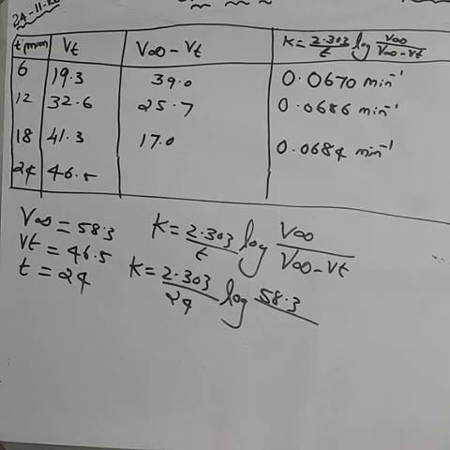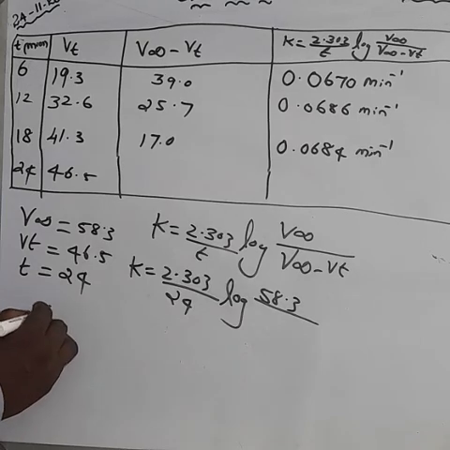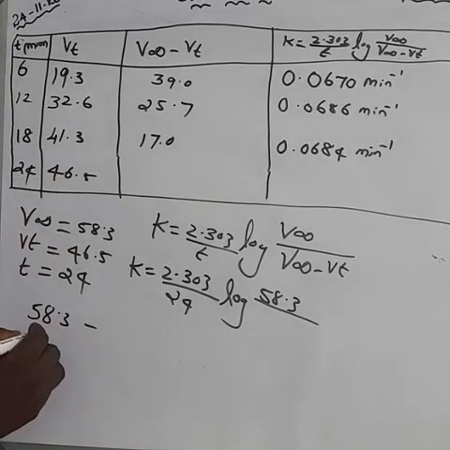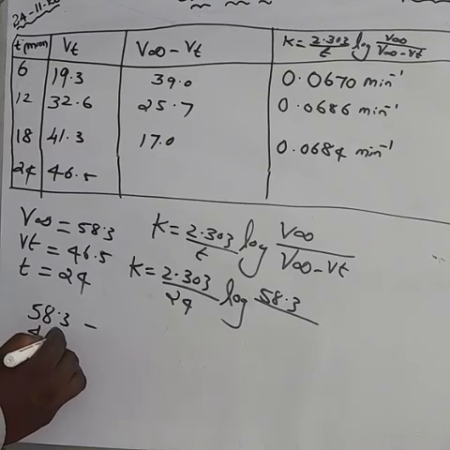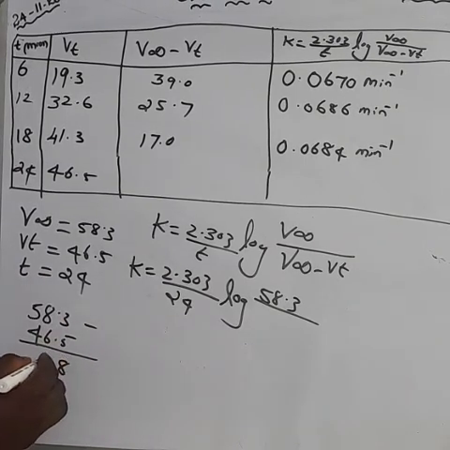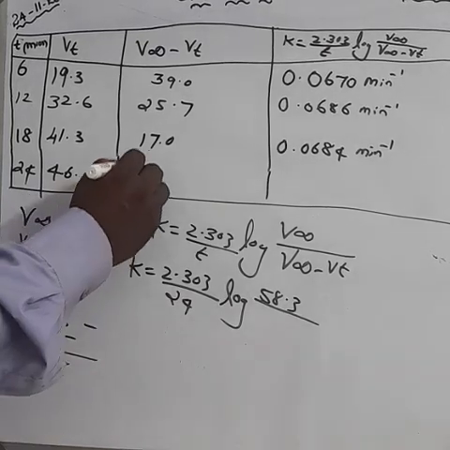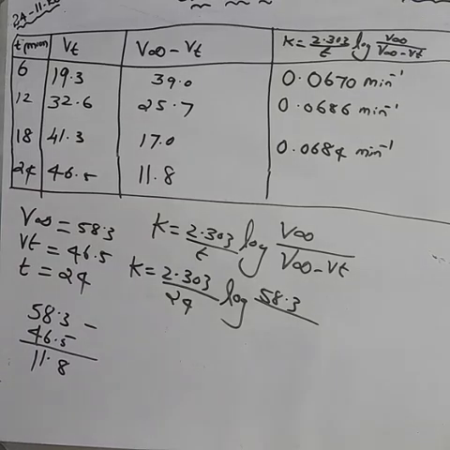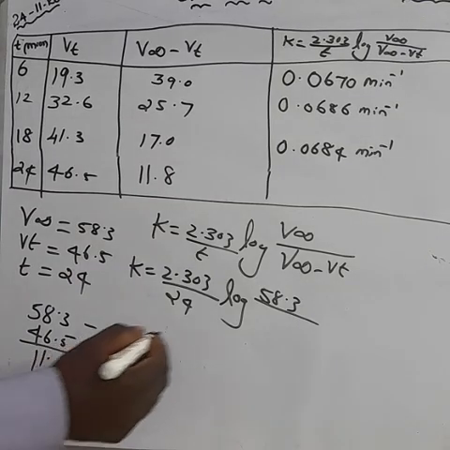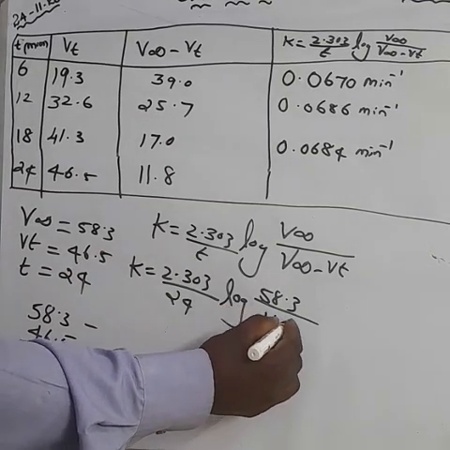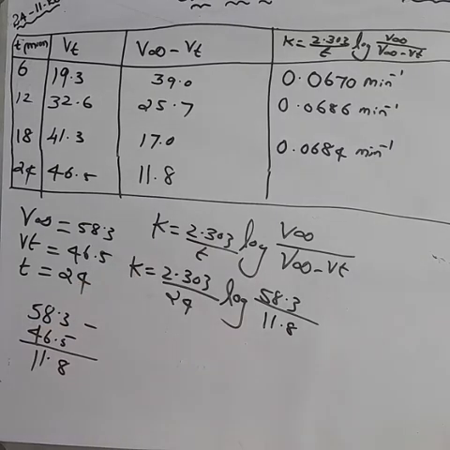We calculate V infinity minus Vt: 58.3 minus 46.5, which is 11.8. So here we write 11.8.